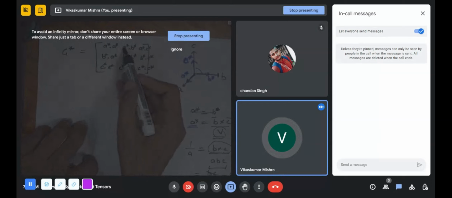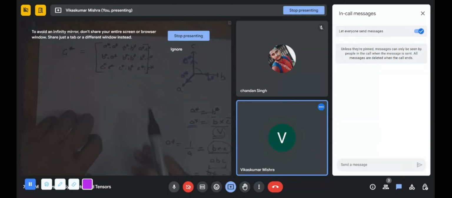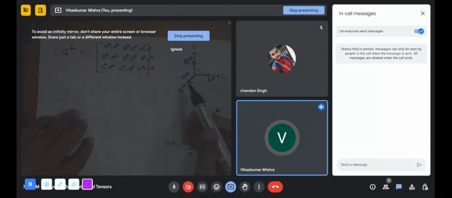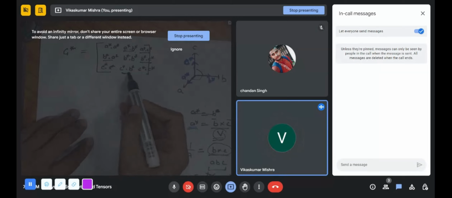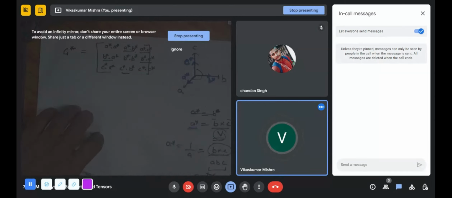And A star into B star, the dot product between A star and B star, since the angle is 90 degrees, will be 0. So A star dot B star, A star dot C star, all these off-diagonal terms will be 0, since they are orthogonal to each other.